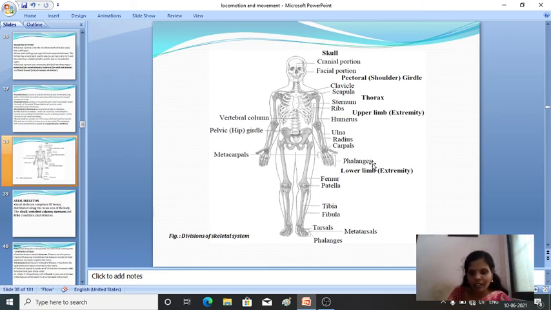Phalanges means fingers. Then lower limbs: femur, patella, tibia, fibula, tarsals, metatarsals and phalanges. Carpals and metacarpals in hands, and tarsals and metatarsals in the legs. Fine. These are the different types of bones which we will study in detail now one by one.